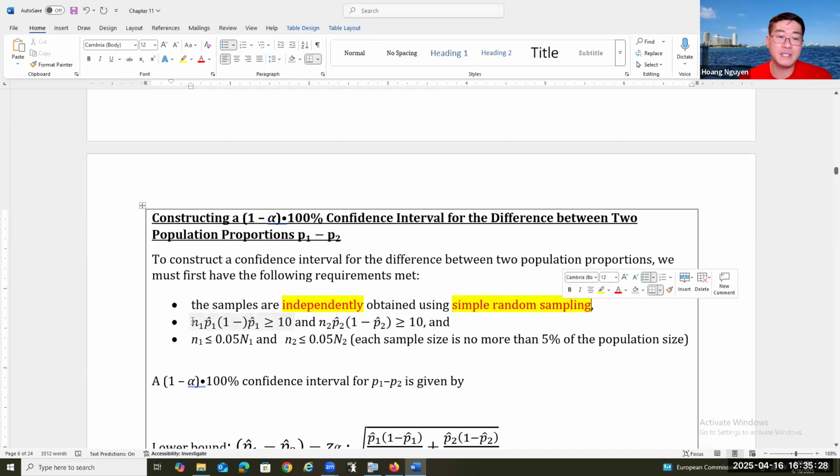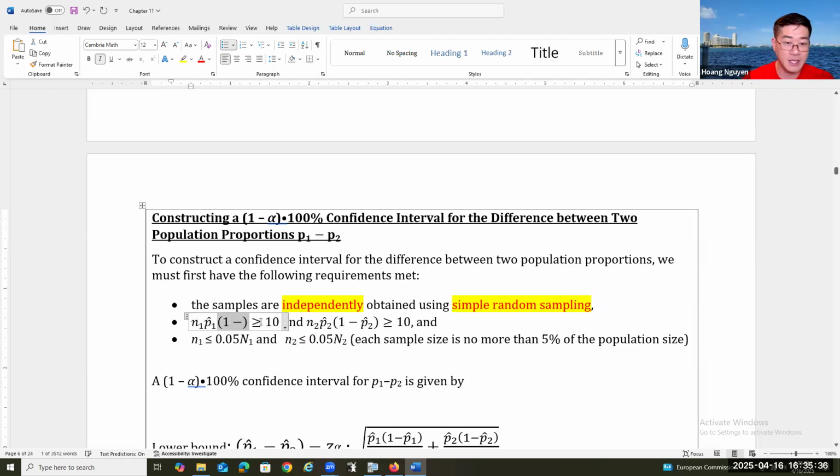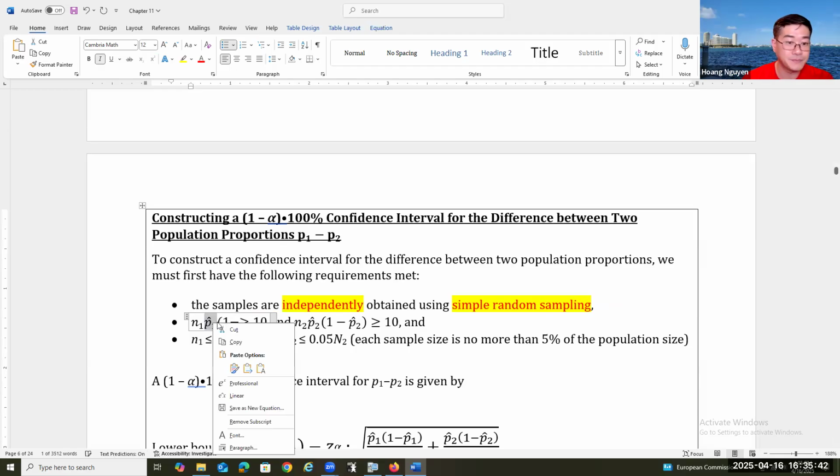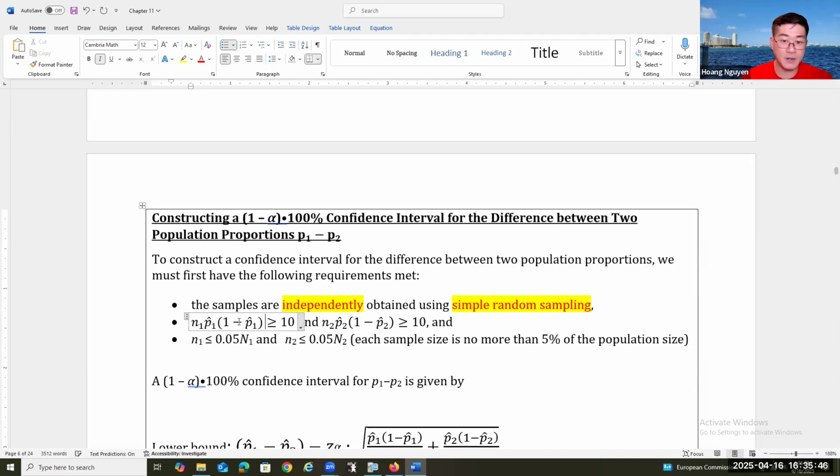The second requirement: n1 times p1 hat times (1 minus p1 hat) has to be greater than or equal to 10. Yeah, so the 1 minus p1 hat should be in parentheses. And then n2 times p2 hat times (1 minus p2 hat) has to be greater than or equal to 10.